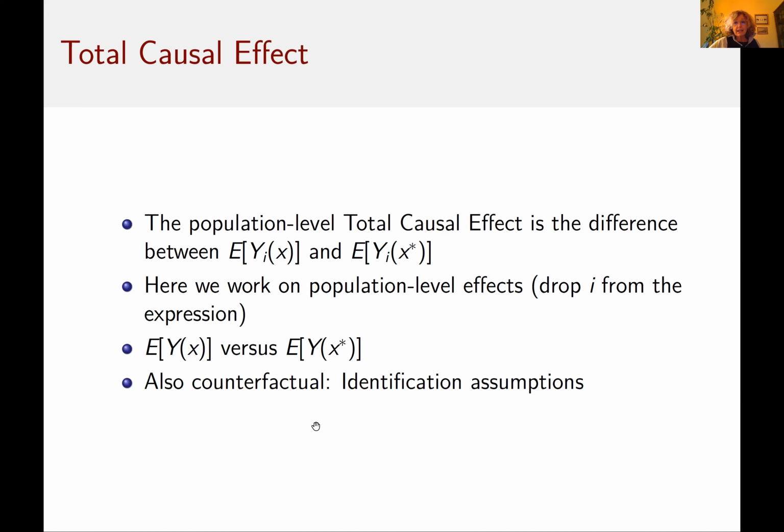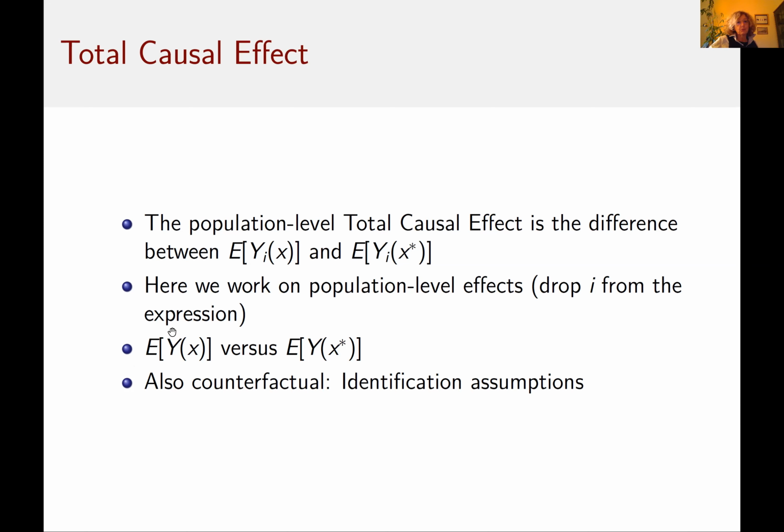At the population level, we may want to assess the expected value of Y under this intervention and the expected value of Y under the second intervention. We work on a population level effect, and we therefore drop the i in the following expressions. I know it's a very big jump, but we will do it here, and we don't have room for discussion.